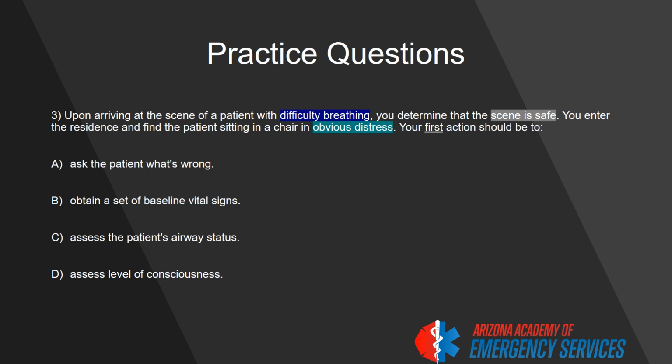You enter the residence to find the patient sitting in the chair in obvious distress. This is marked as teal, which is the keywords or phrases. And again, the keywords or phrases let us know how bad the primary information is. So this patient's having difficulty breathing, and it's so bad that we can see how hard the patient is working to breathe.